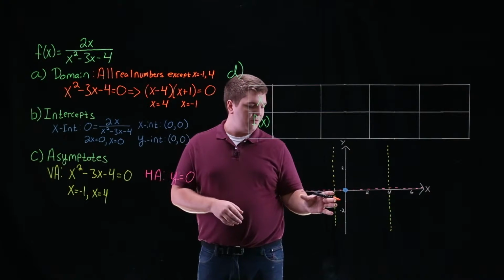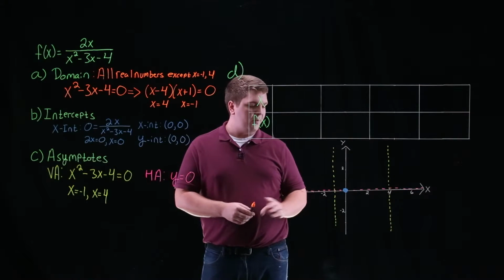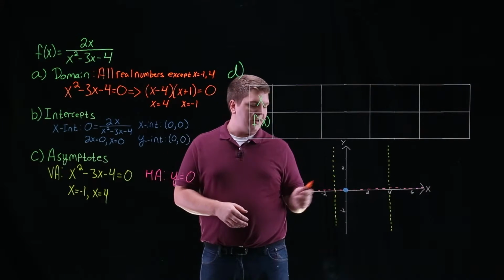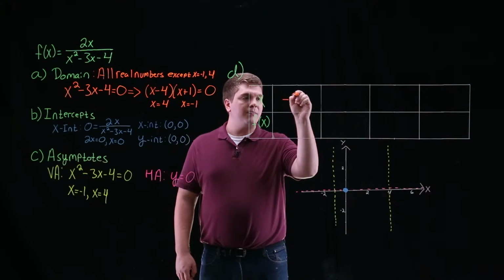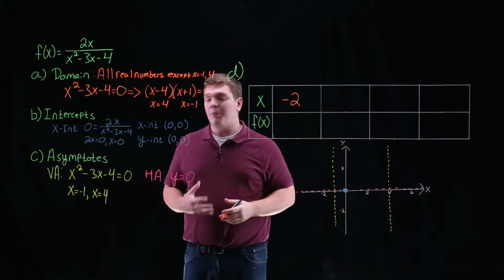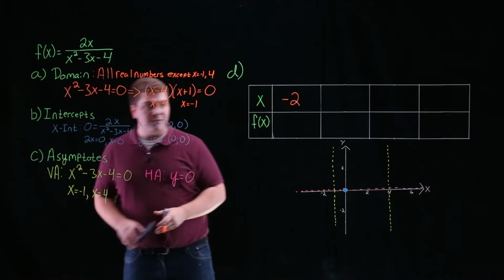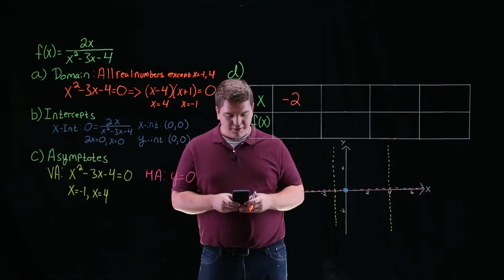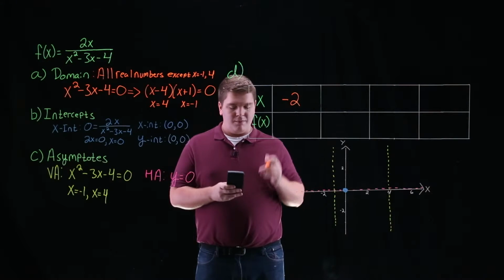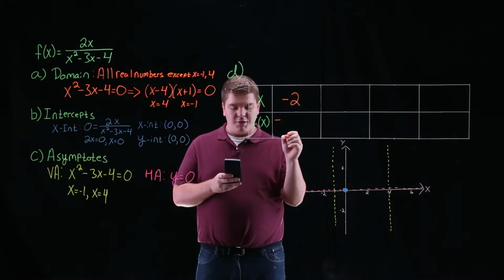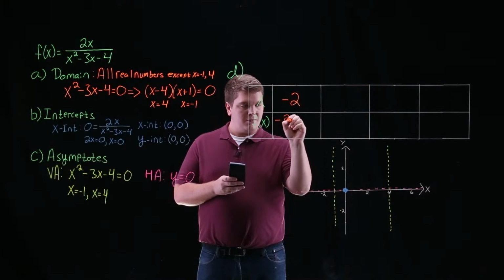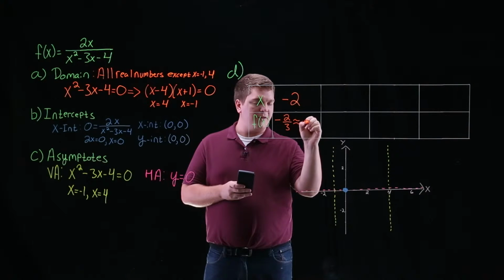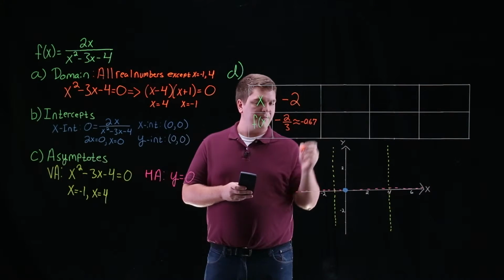Like I said, the first thing we want to do is find a point to the left of the asymptote at x equals -1. So let's think about taking the x value -2. Here we can substitute this number into our function, and what we'll see is that the value that we get is -2/3, which is approximately -0.67.